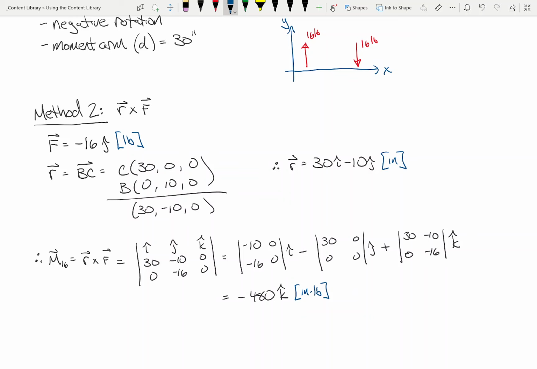I would have got the same answer. Okay? Does that make sense? All right. Any questions on that? So this vector is 480k. Let's see if we can do the same thing with the others.